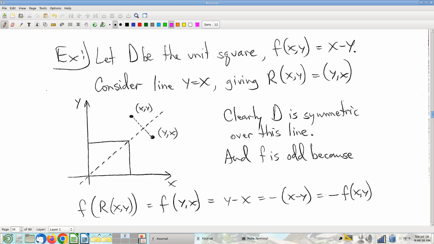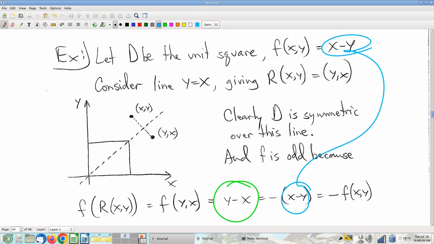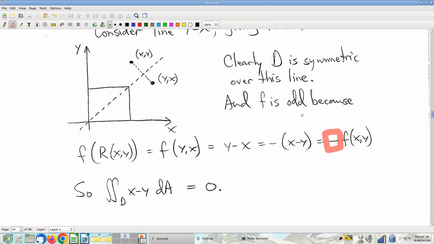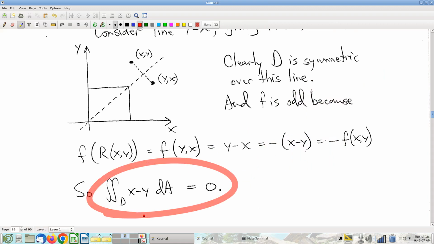Okay, so in this particular algebra, notice we ended with y minus x. Thankfully, that actually is exactly the negative of the x minus y that I started with. So I do indeed get this minus sign that I needed, and sure enough, then this function is odd. Everybody happy? And now we just declare victory. It's spike the football. Odd function, symmetric domain, integral 0.